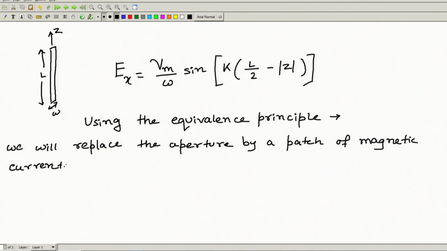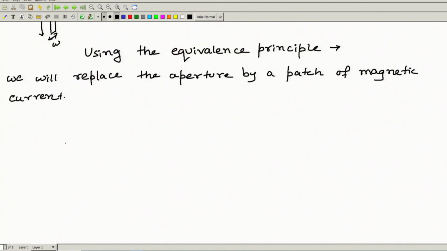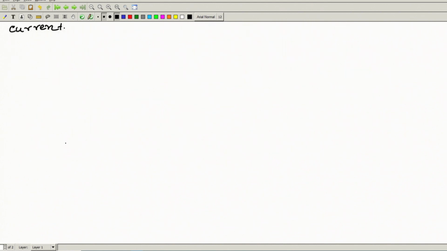Suppose this was Ex. So, this is the slot, this is Ex.